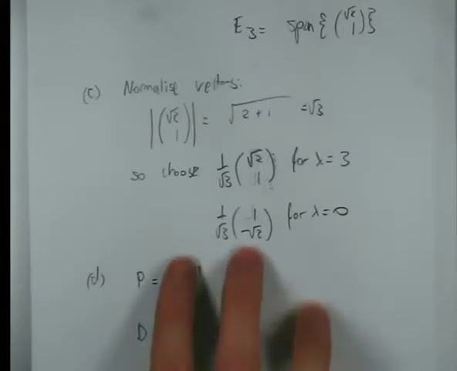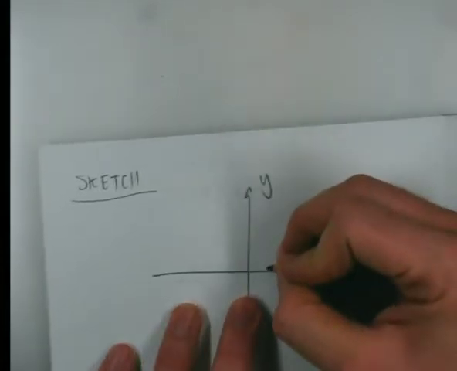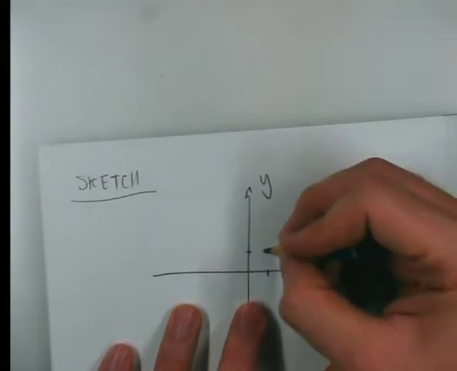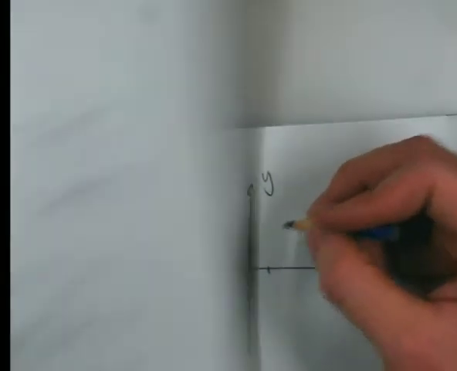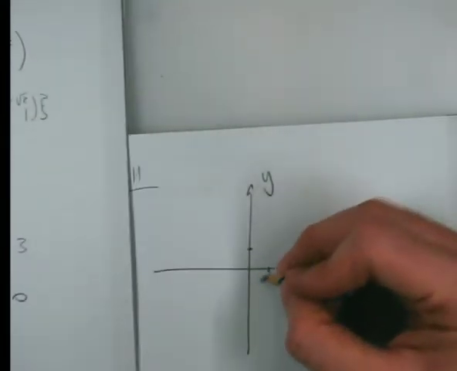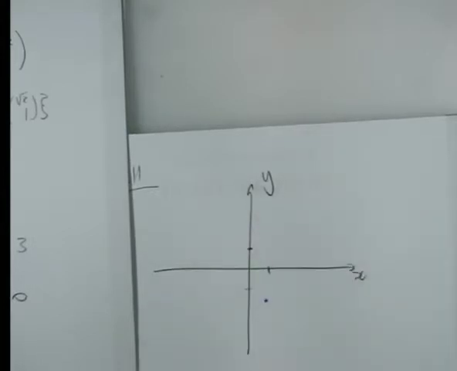So these are my rotated axes, and I'm going to add them to my graph. If this is 1 here, then root 2 is about 1.5. So I've got the vector (1, minus root 2), which is about there. That's the point (1, minus root 2).